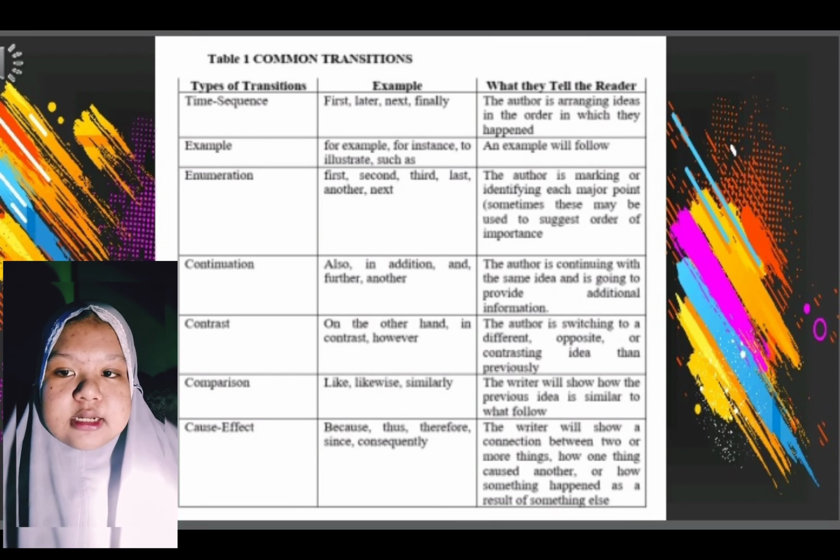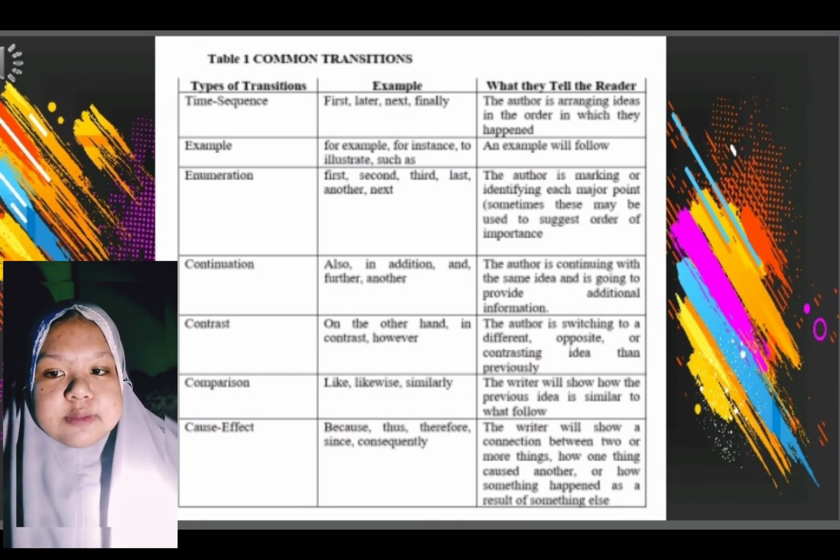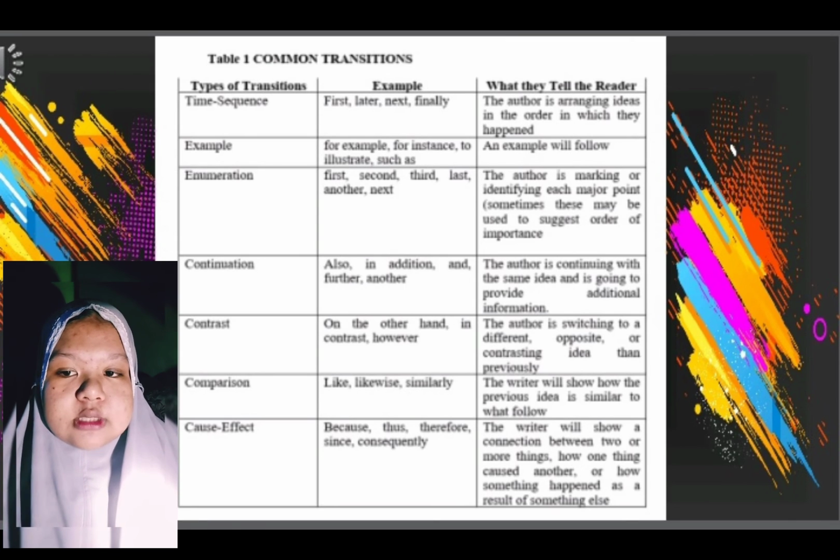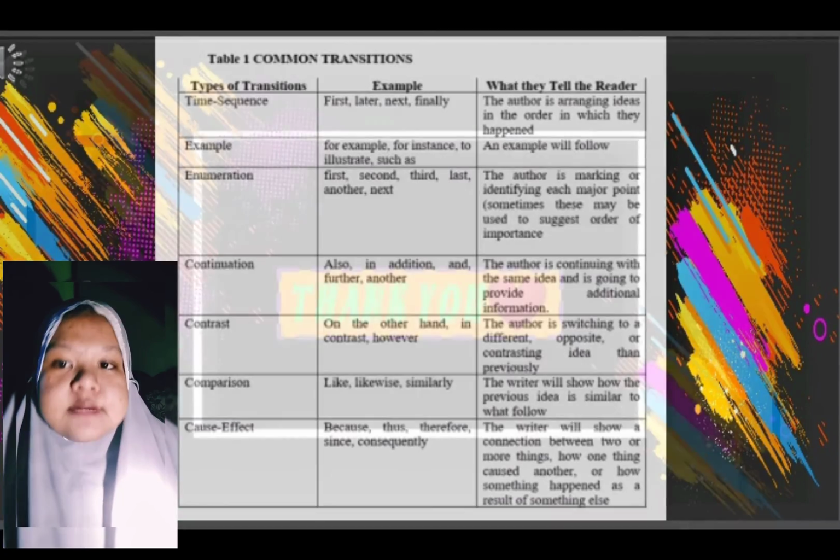What they tell the reader is that the writer will show how the previous idea is similar to what follows. And the last type is cause and effect. For example: because, thus, therefore, since, and consequently. What they tell the reader is that the writer will show a connection between two or more things, how one thing causes another, or how something happened as a result of something else.